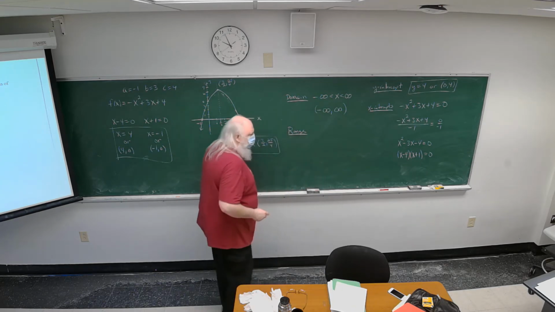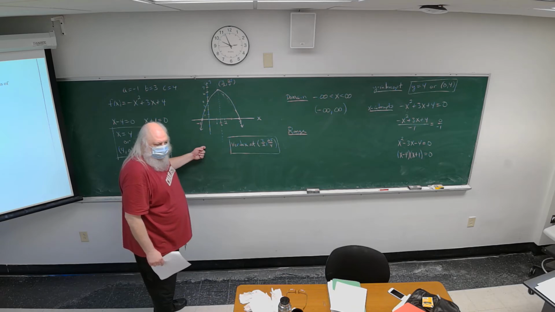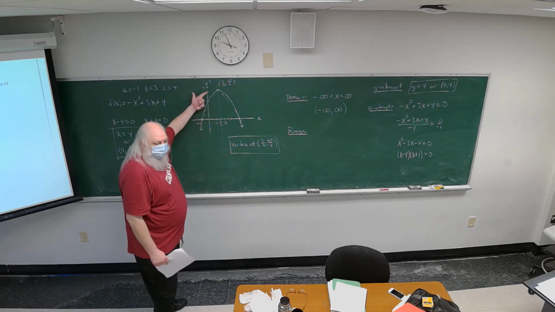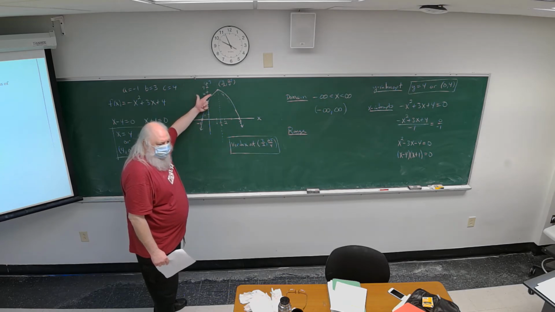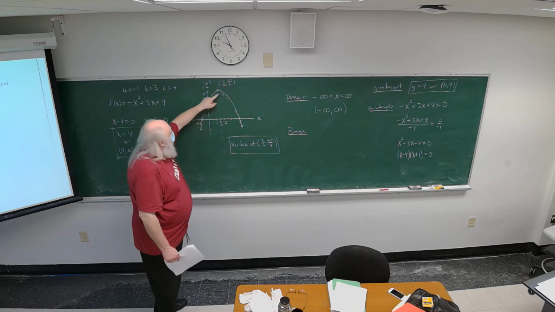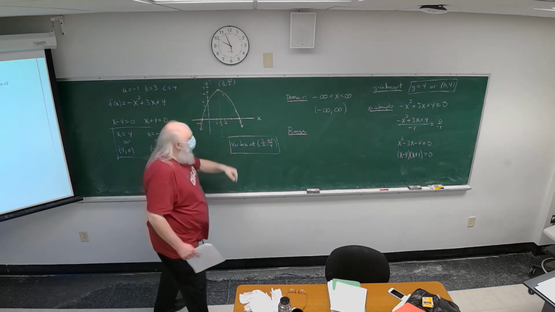The range is the y values, right? The y coordinates. Is there a minimum y coordinate? No, because the graph goes down forever. Is there a maximum y coordinate? What's the maximum y coordinate? Yeah, right? 25/4. There's no point on the graph with a y coordinate greater than 25/4.